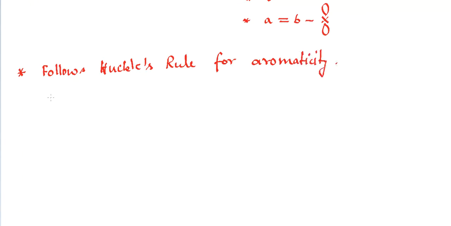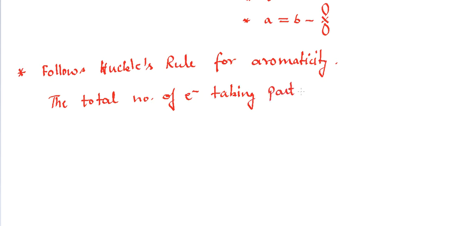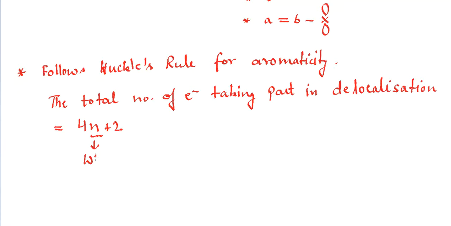And Huckel's rule for aromaticity says that the total number of electrons taking part in delocalization should be equal to 4n plus 2, where this n is any whole number. Whole number can be 0, 1, 2, 3 and so on.